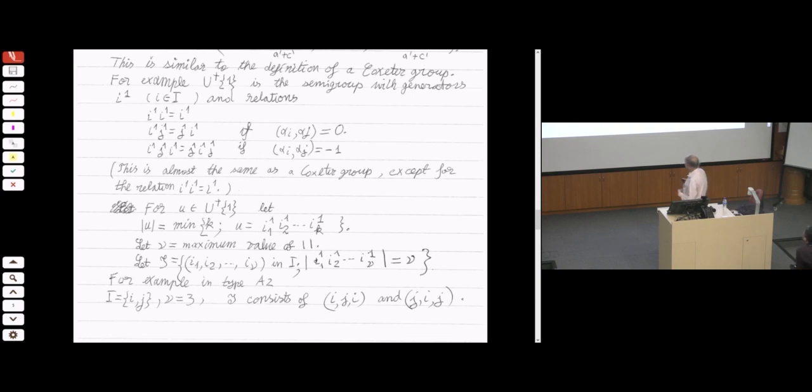The number of terms in a sequence is this number nu, and you want the product I1, I2, ..., I nu to have length nu. So there are finitely many such sequences, and for example in type A2, which has two vertices, this set, this script I, consists of the two elements iji and jij.